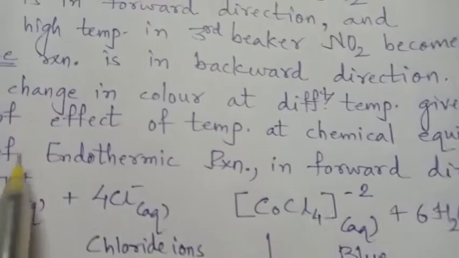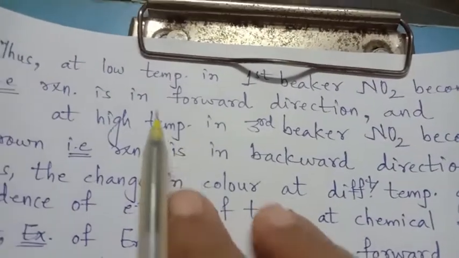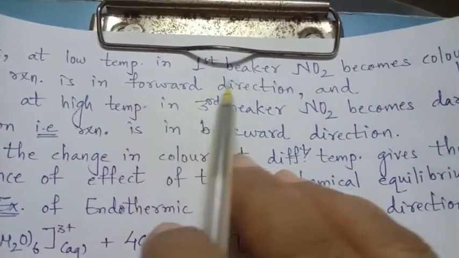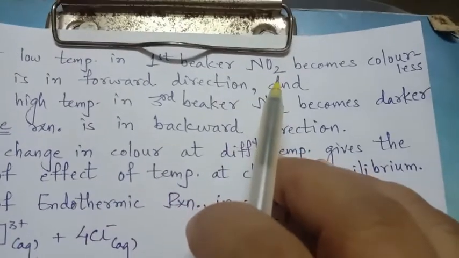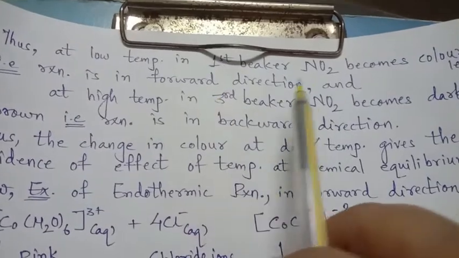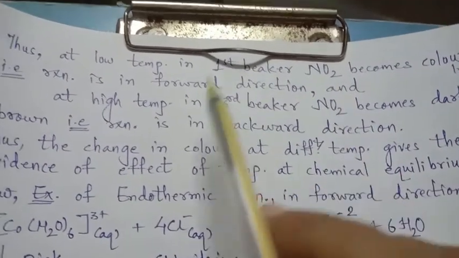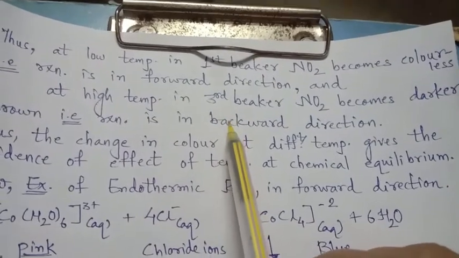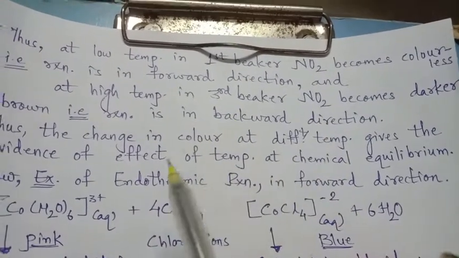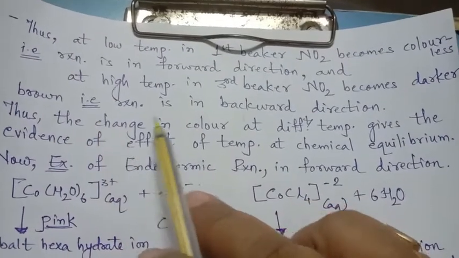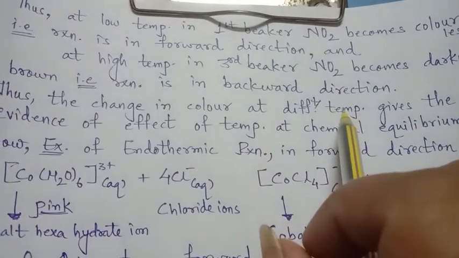So what is the observation and what is our conclusion here? Thus, at low temperature in the first beaker, NO2 becomes colorless. That is, the reaction is in the forward direction. And at higher temperature in the third beaker, NO2 becomes darker, that is brown color, and thus the reaction is in the backward direction.